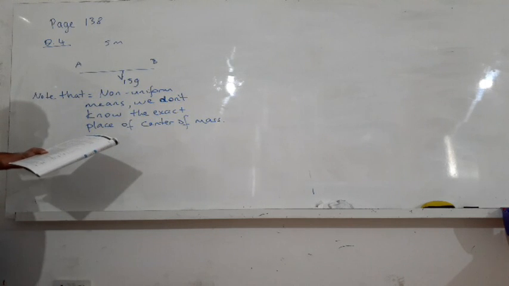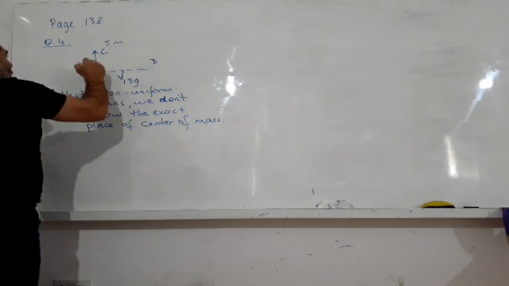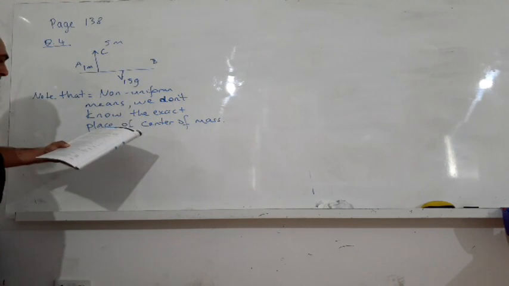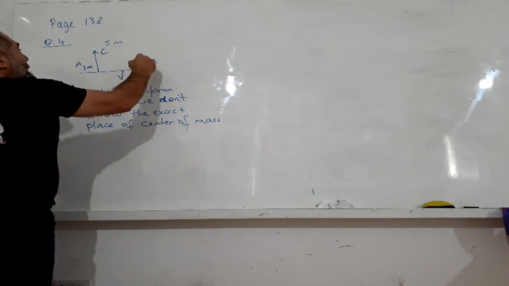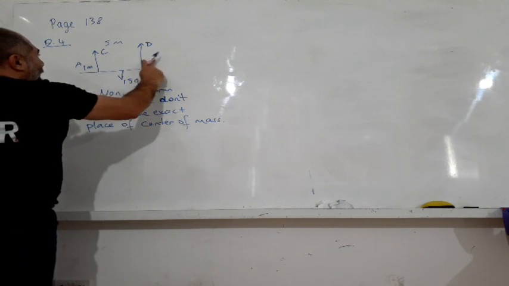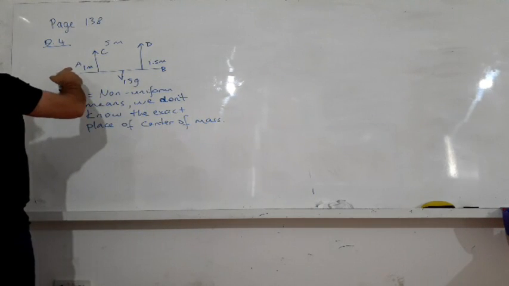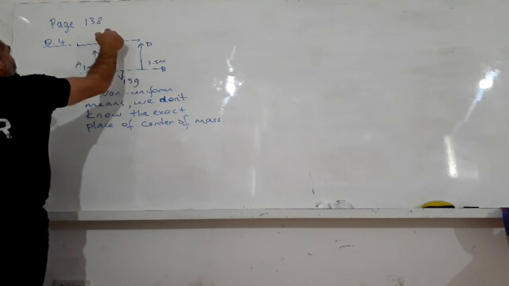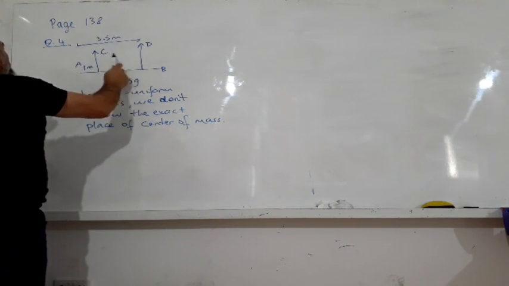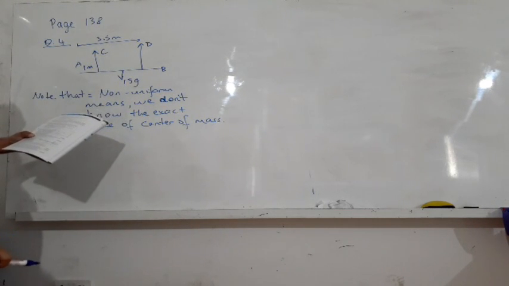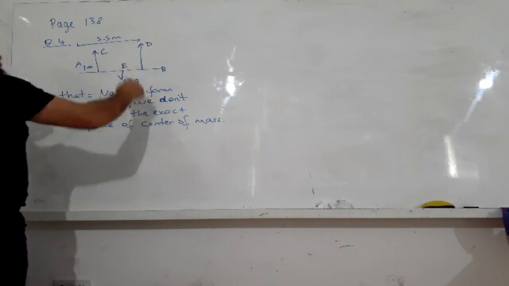This is C, 1 meter from A. And the other one is D, which is 3.5 meters from A. Given the center of mass is at E, call this point E. Find the magnitudes of the tensions in these strings.